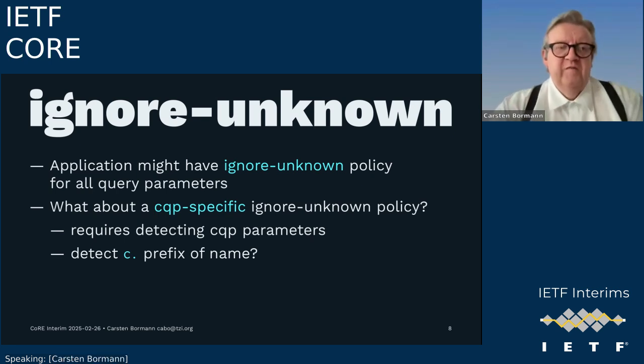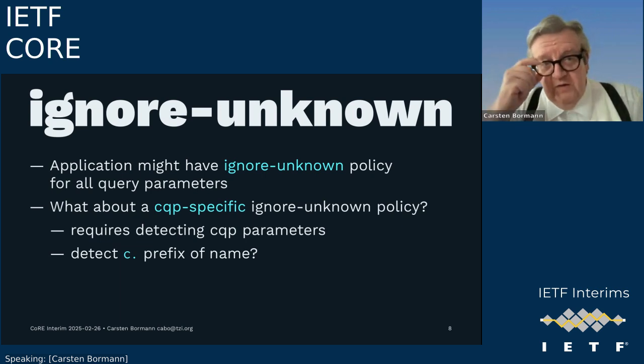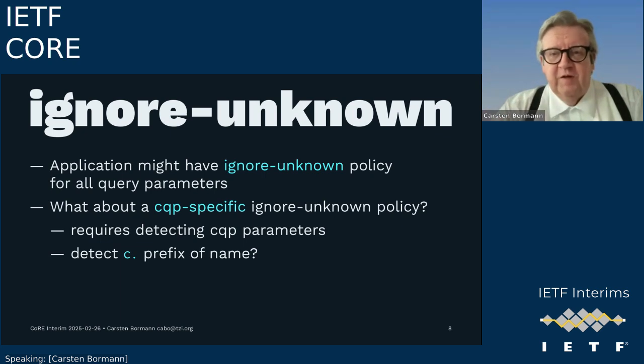One very powerful way of handling extensibility is the ignore unknown principle, which means a client is free to say something, and if a server doesn't understand it, it just ignores what the client just said.